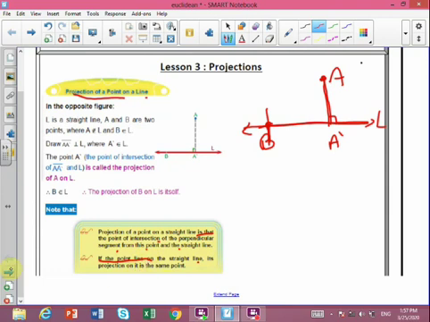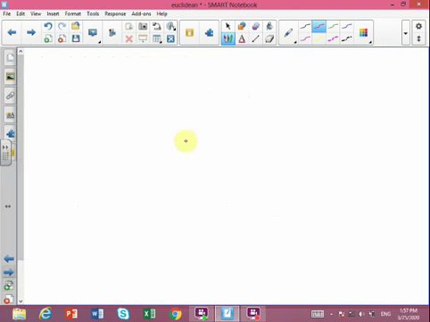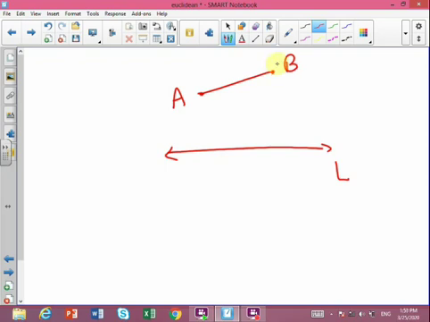Is this clear? Now if it is not a point but a line, for example, I have a line L and I want the projection of line segment AB on L. It is the same, as if each point is alone. If I want A alone, I drop it perpendicular, and name it E, no problem.